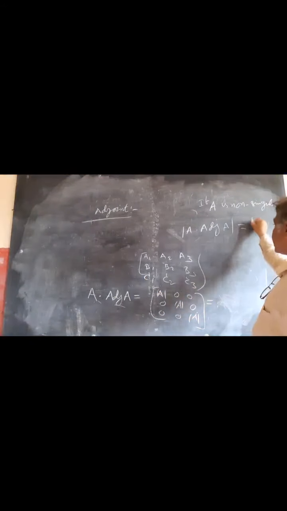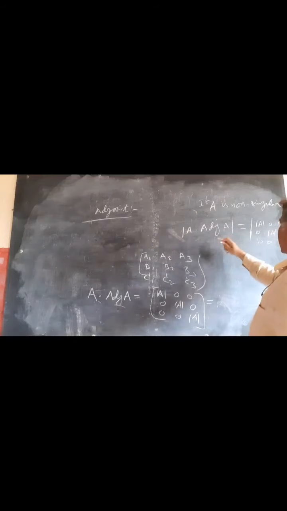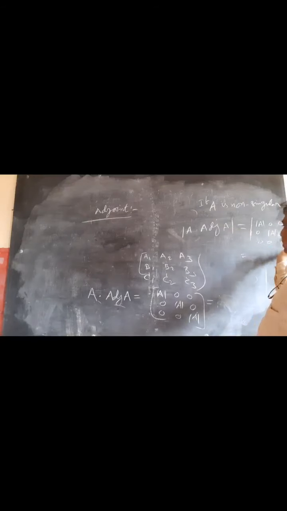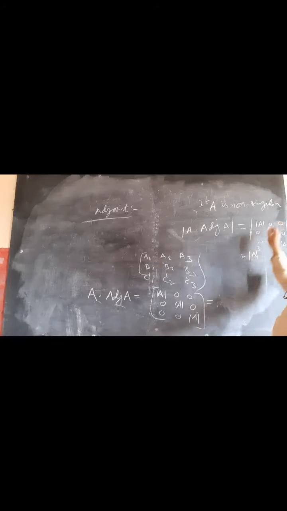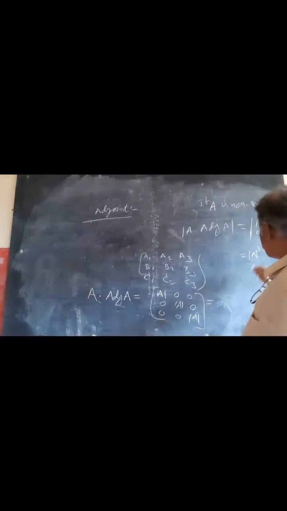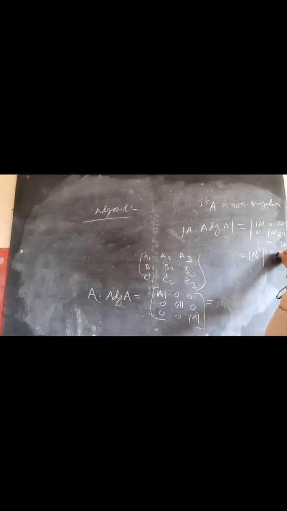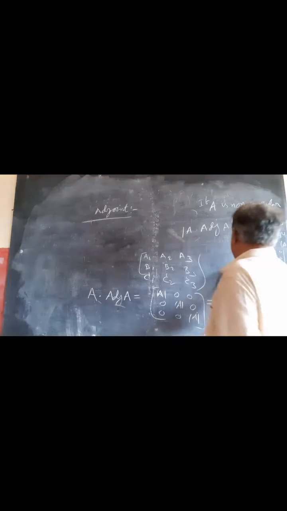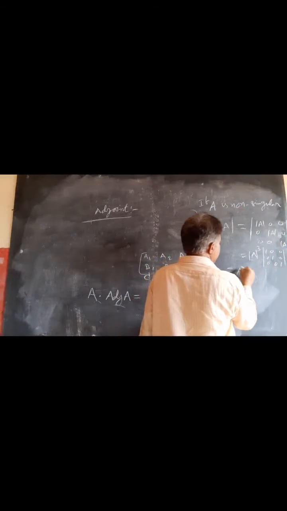And det of the matrix with det A on the diagonal and 0 elsewhere is, if I take det A common from each row, det A power 3 because this is 3 by 3, into the remaining identity matrix, whose det is 1. So this is det A cube.